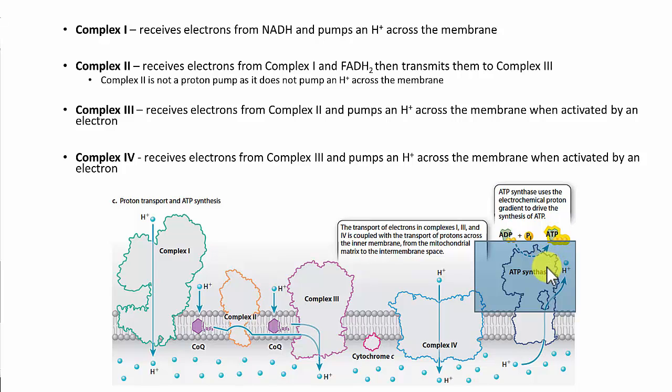Now, NADH will pump 3 hydrogens because it interacts with all 3 pumps. FADH will only pump 2 hydrogens because it only interacts with 2 of the 3 hydrogen pumps, being complexes 3 and 4.